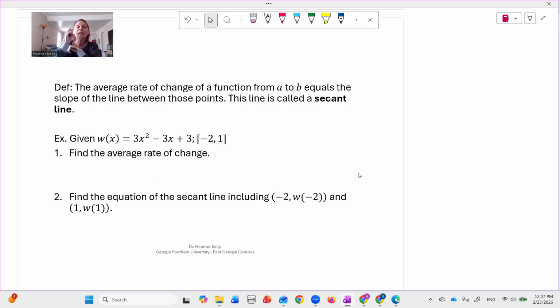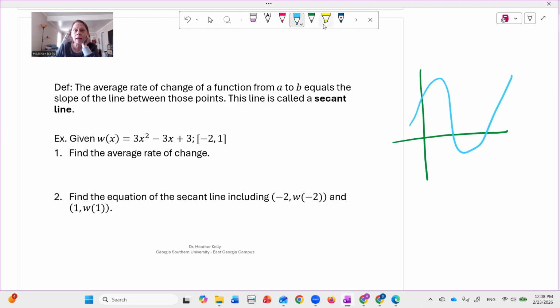Now, the line between 2 points on a function like this is called the secant line. Let me just draw you a little quick picture. Say we have this point here and this point here. That would be the secant line.